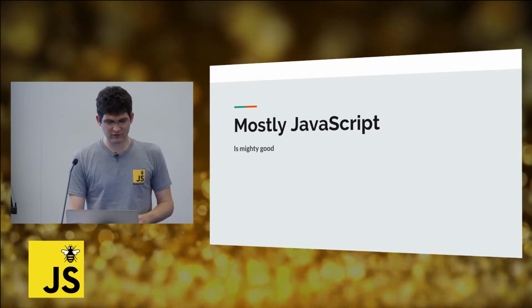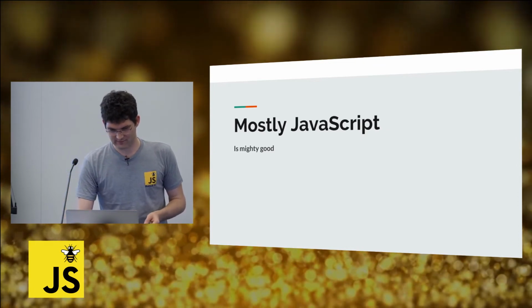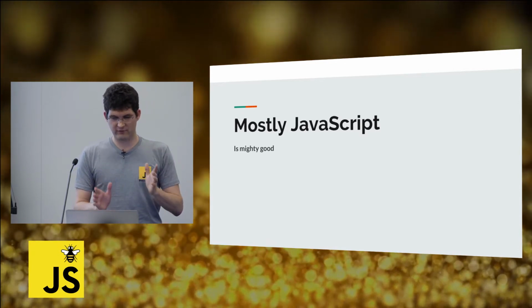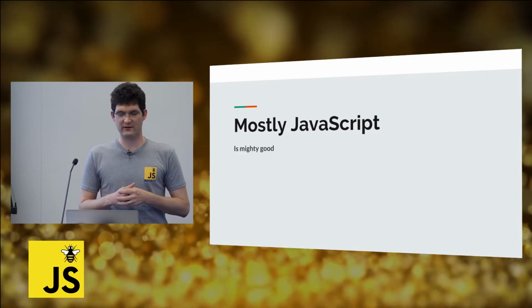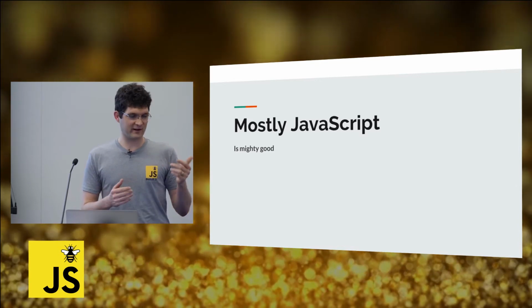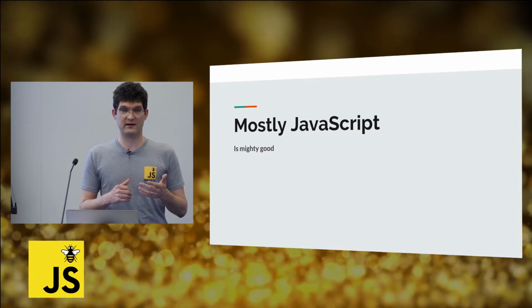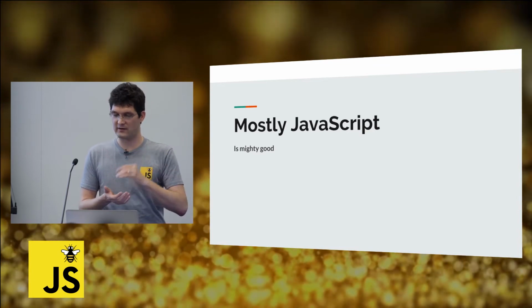Cool. So, mostly JavaScript is mighty good. What does this mean? The loader itself, the thing that you're using, is about 200 kilobytes. It's a zero dependency package. If I were to gzip it, it'd be 64 kilobytes. So 64 kilobytes is roughly all you need to get ES module syntax support in Node. If you want a package that depends on this, it's a very tiny thing.